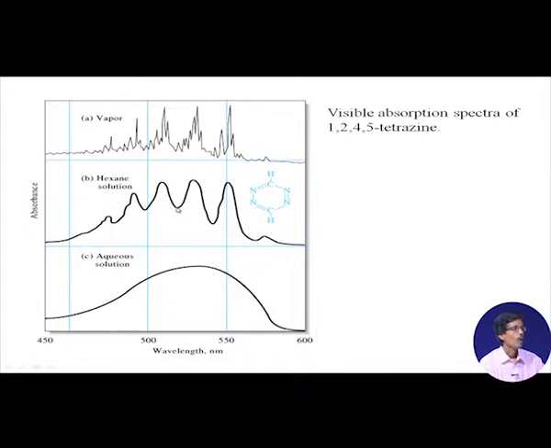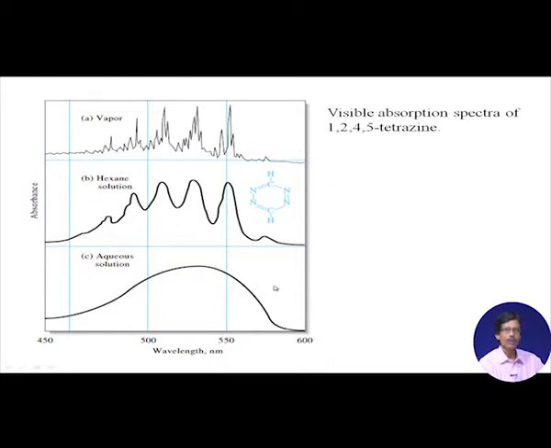So, the minute difference in the corresponding vibrational levels of the molecule is responsible for giving us the corresponding finer details of the absorption spectrum in hexane solution. Because the number of molecules in hexane solution depends on the corresponding solubility.